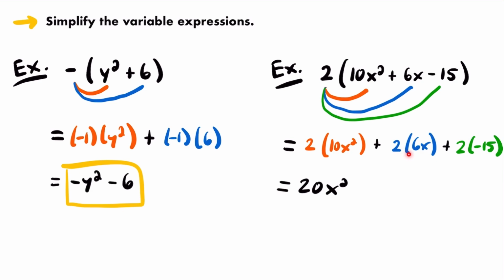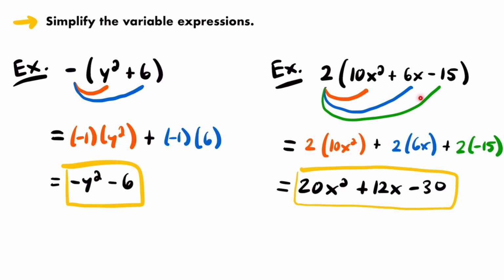And then 2 times 6x, you want to multiply 2 by 6, which is 12, and keep that same variable part. So we have plus 12x, and then you have 2 times negative 15. That's equal to negative 30, so we have minus 30. And so that right there is the simplified form of this variable expression using the distributive property.